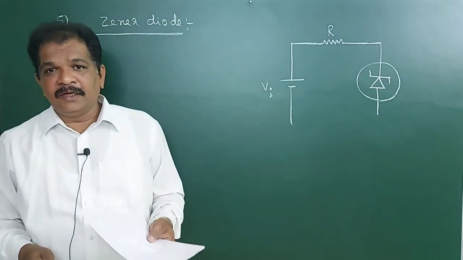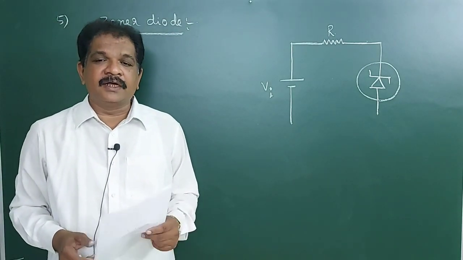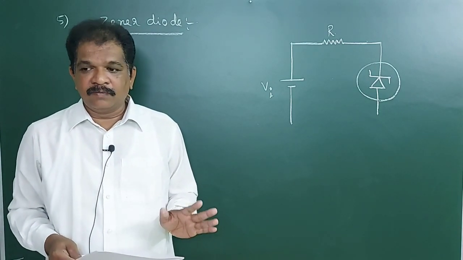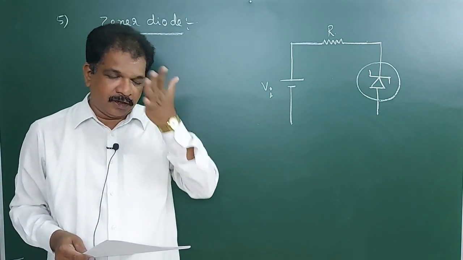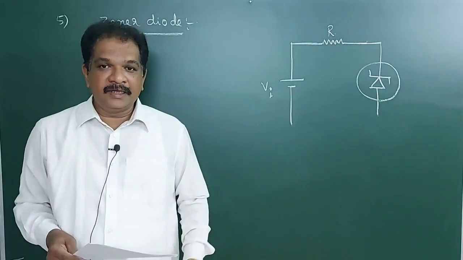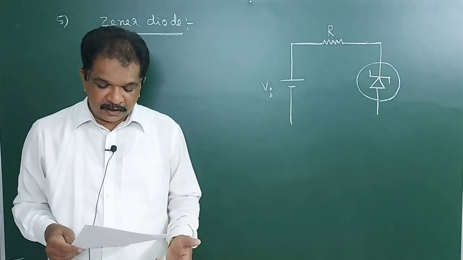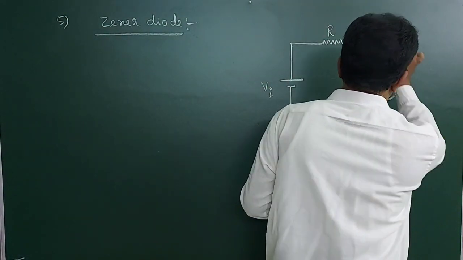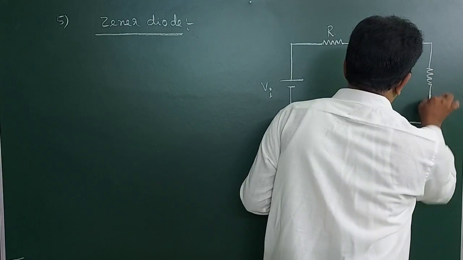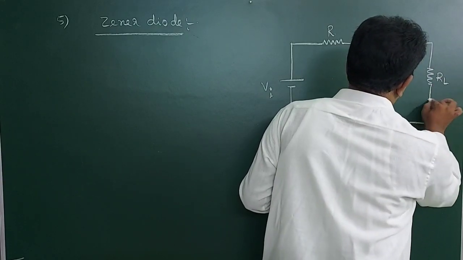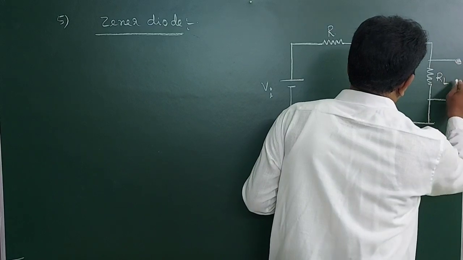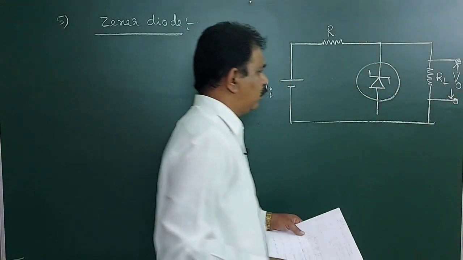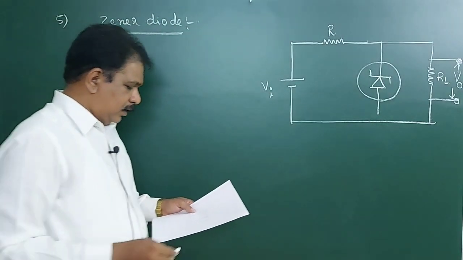A heavily doped PN junction diode which works in reverse bias will be called the Zener diode. What is the use of the Zener diode? To stabilize the voltage, the Zener diode will be used. Here load resistance will be there. Across the load resistance, we are taking the output. So this will be the output for it. Okay.